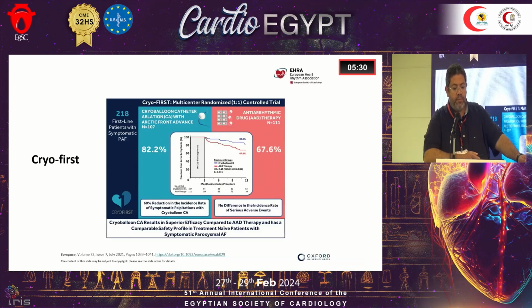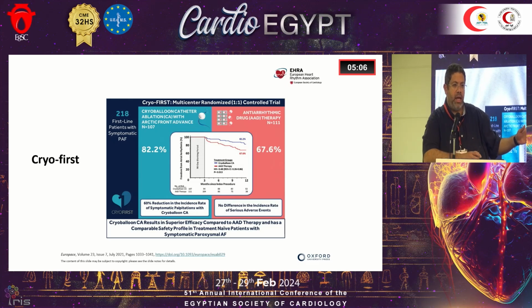So this protocol was reproduced several times in the cryoballoon era. The coming 3 studies had a similar design, using the cryoballoon as a rhythm control strategy versus antiarrhythmic drugs, and all these patients were antiarrhythmic drug naive.